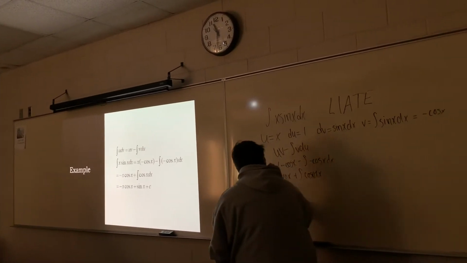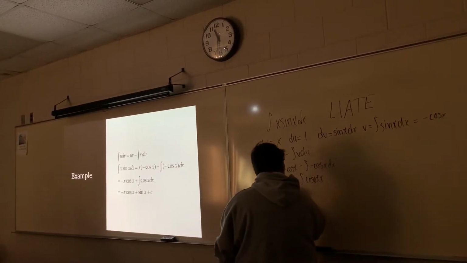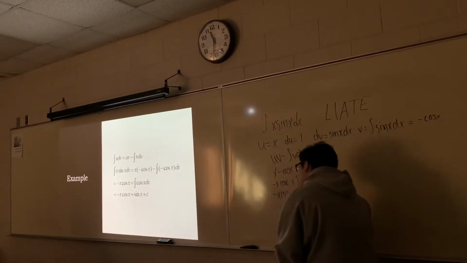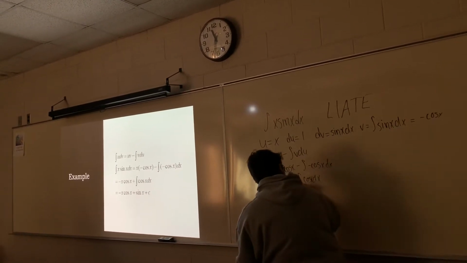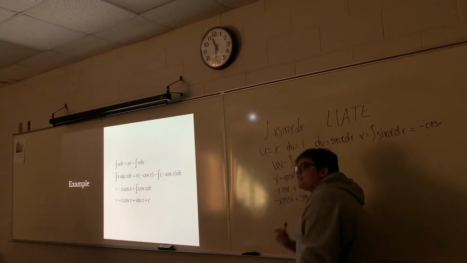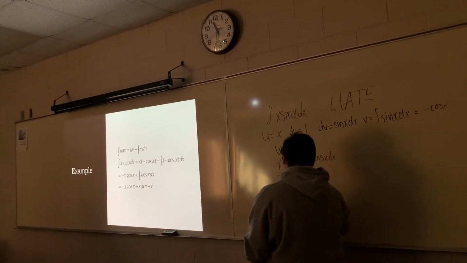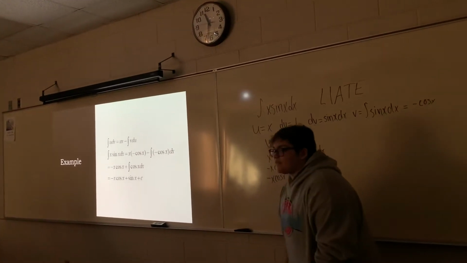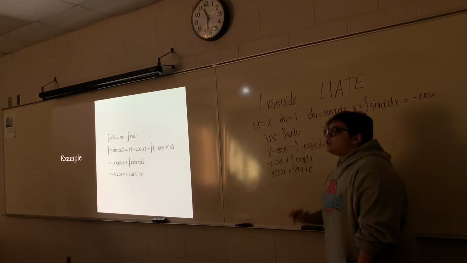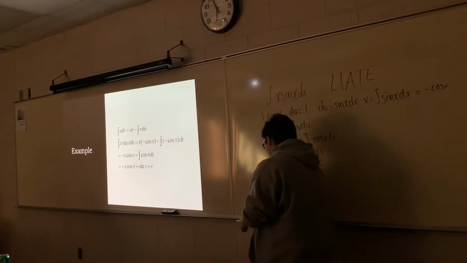And it's going to simplify to negative x cosine x plus the antiderivative of cosine, so sine. And every time you are doing an indefinite integral, you always add a plus c. Always. It doesn't matter. If you take anything from this, if you ever take Cal 2, just remember your plus c. You'll at least get half credit somehow.